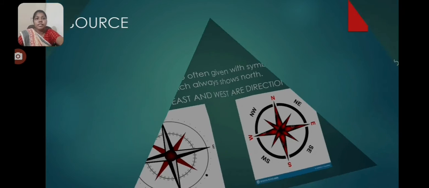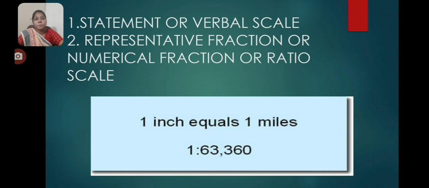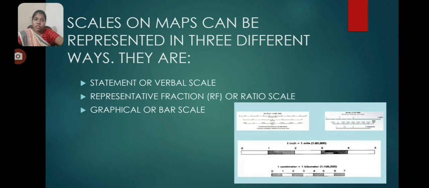And next we'll see about direction. What is a direction? We already saw it's about north, south, east, west. NEWS, in full form, is north, east, west and south. And then we spoke about scale, the statement or verbal scale, representative fraction, all.